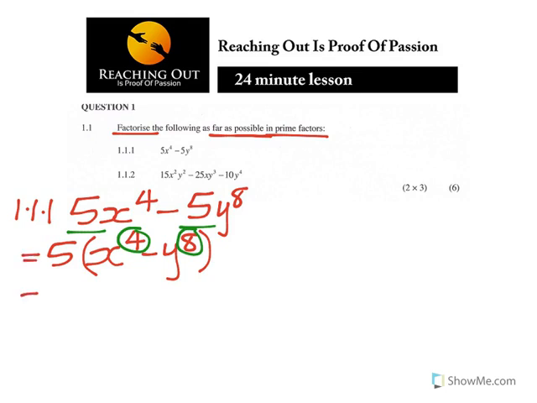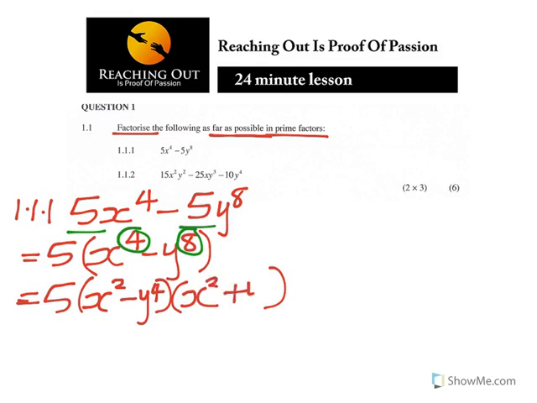Now if I continue with that, I'm going to have 5, I'm going to open 2 brackets, remember difference of 2 squares, so I'm going to have x squared minus y to the power 4, and I'm going to have x squared plus y to the power of 4.